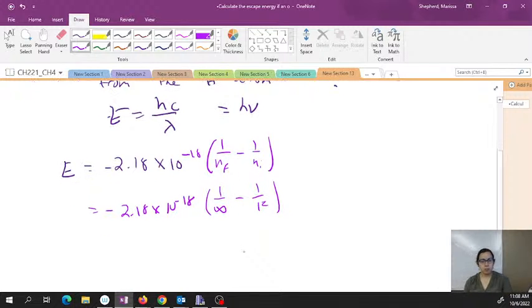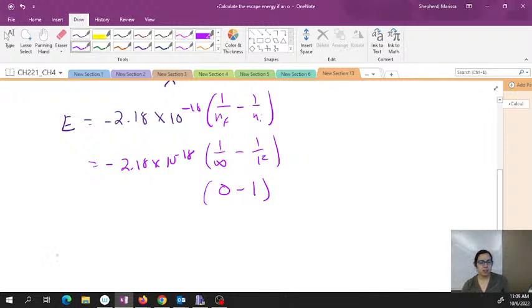And so now we can just multiply. So of course 1 over infinity just becomes zero. So 0 plus, or excuse me, minus 1. So now we just have negative 1 times our energy. So then our escape energy is 2.18 times 10 to the negative 18 joules.